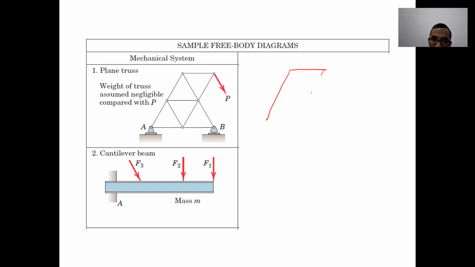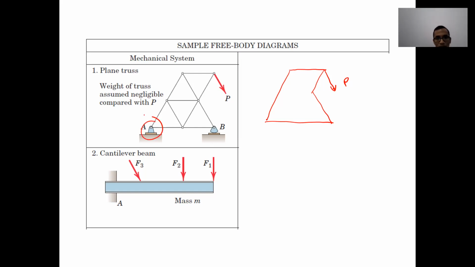Okay, Aurelia, I want you to complete this then. What else are we supposed to draw there? Force P at the top, yes. What else? At A, I'm sorry, I don't memorize it. Is it a roller pin?